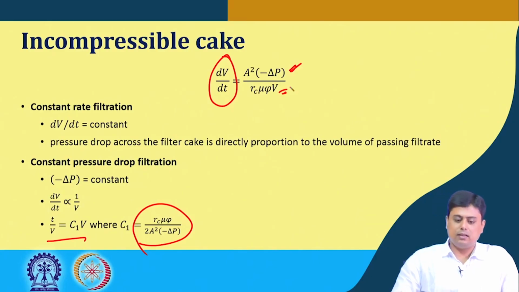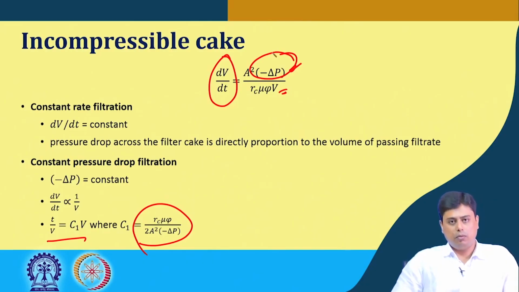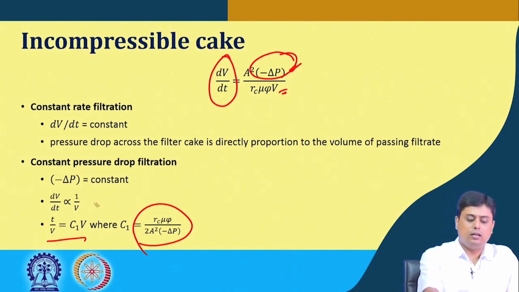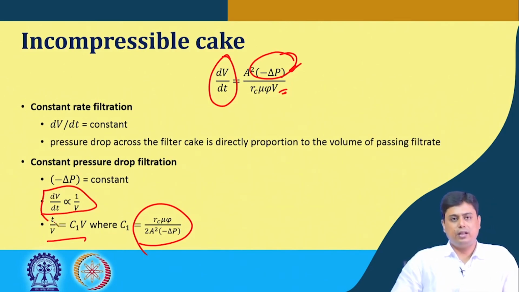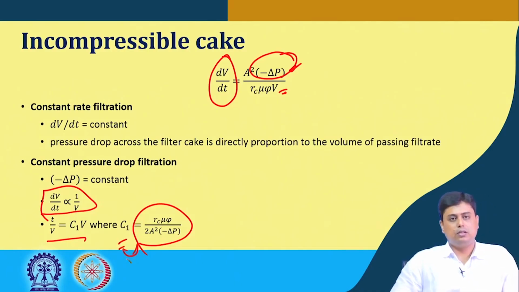In the other case, if you have control over the pressure drop, you fix the pressure drop, then this is the relation: the filtration rate is inversely proportional to the volume of passing filtrate, and t/V = C1 V, where C1, the integrating constant, is this value.